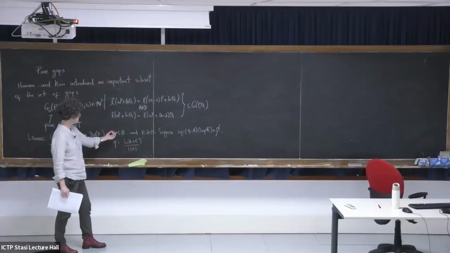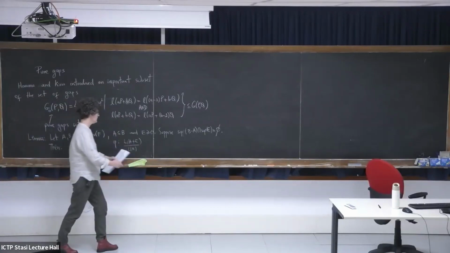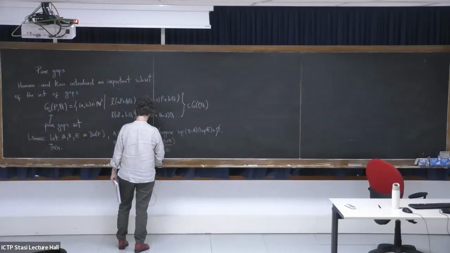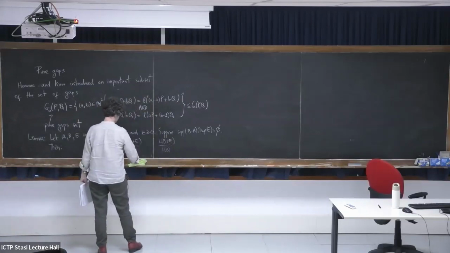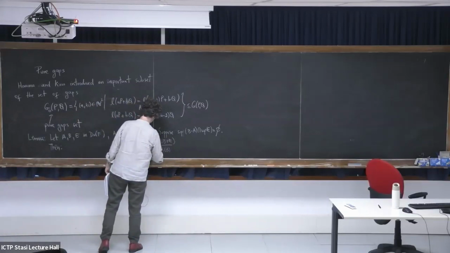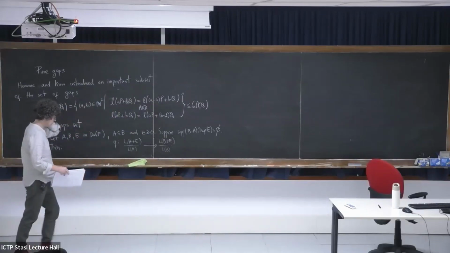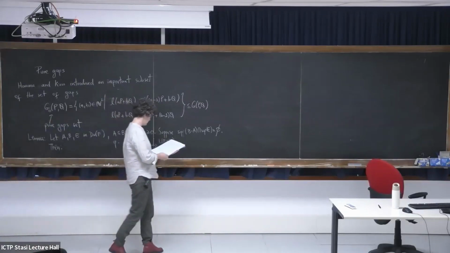Also, since A is smaller than B, A plus E is smaller than B plus E. So I can also consider this. And we have a function from here.